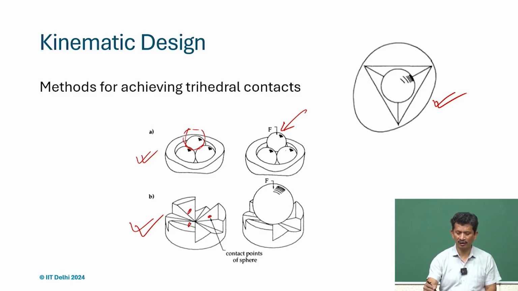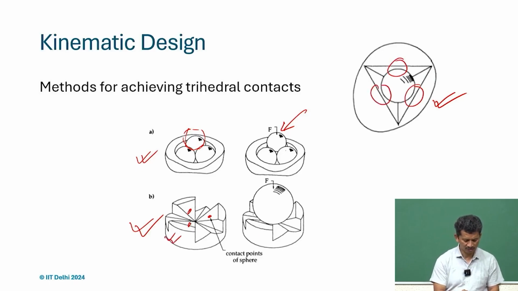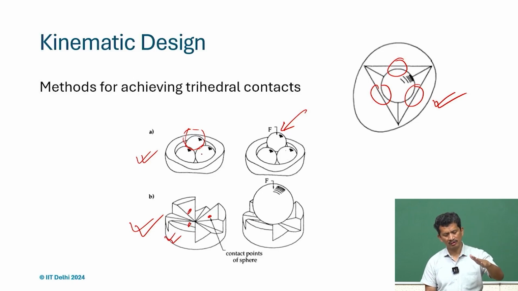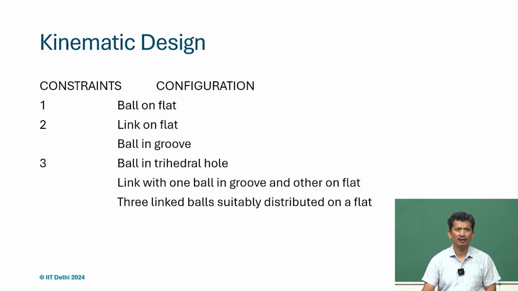Not necessarily do we have to exactly make the trihedron hole, but we have to mimic it. We have to create these surfaces where it is making contact. In this case, it is made by these 3 landing surfaces. Here it is made using 3 spherical balls. So, we realize we can design many mechanisms for different kinds of constraints.